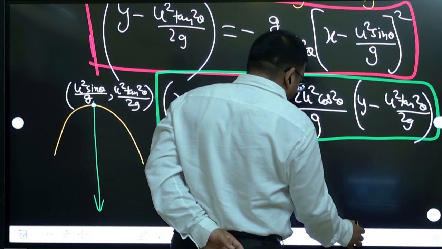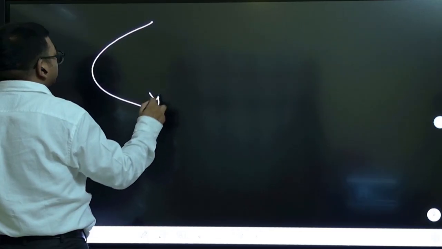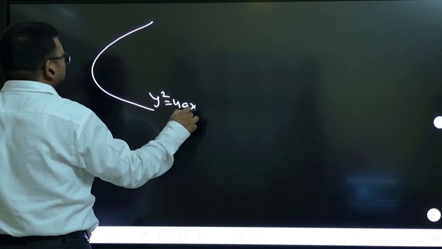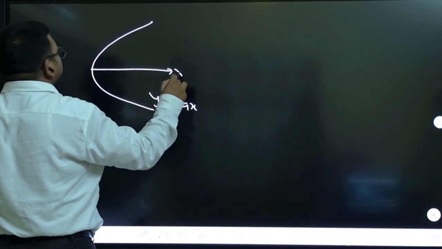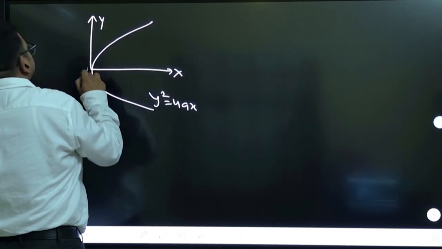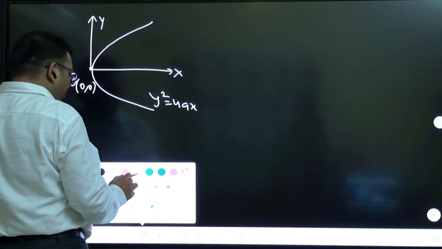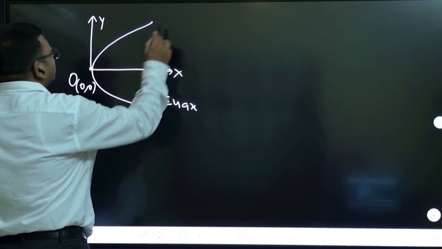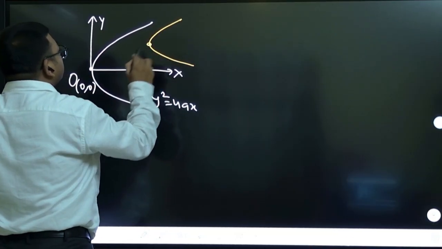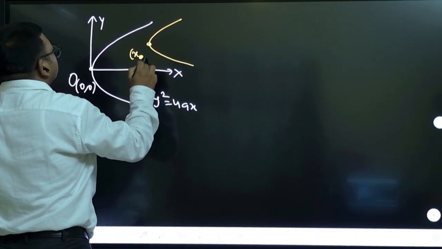So what I was saying is that if you have a parabola of the form y square is equal to 4ax, with x-axis and y-axis, this is the origin 0, 0. But I want to write a similar parabola with a different vertex. Let us say this vertex is x0 comma y0.